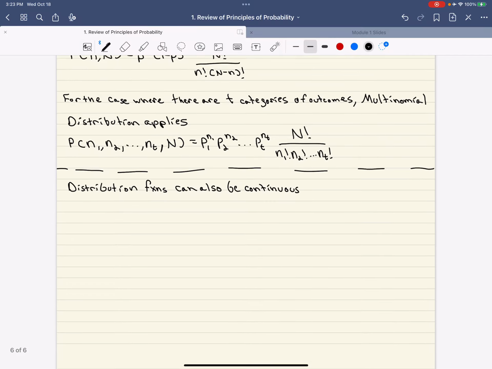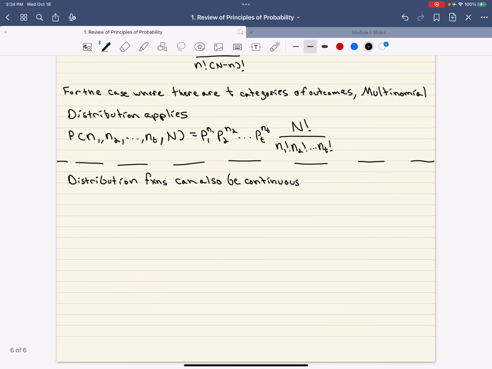Perhaps the most famous continuous distribution function is the Gaussian distribution. Here, we're using x as our variable, and so we would refer to this p of x as a probability distribution.